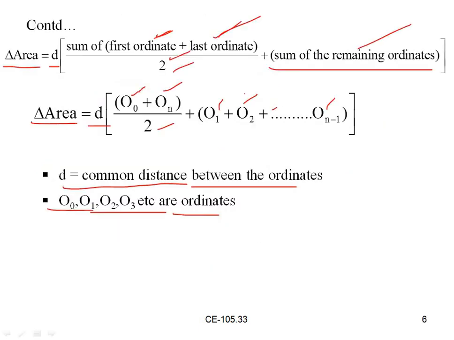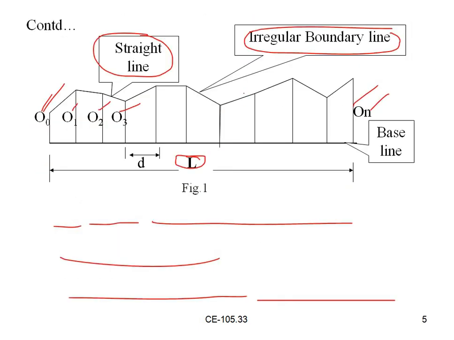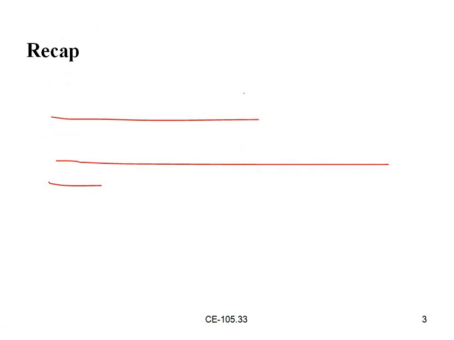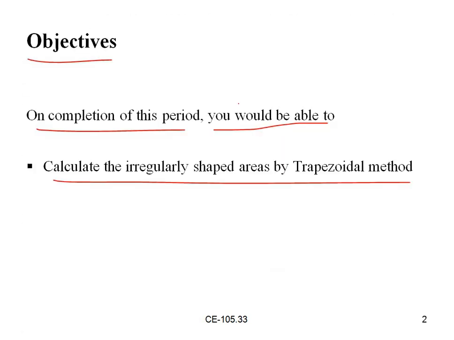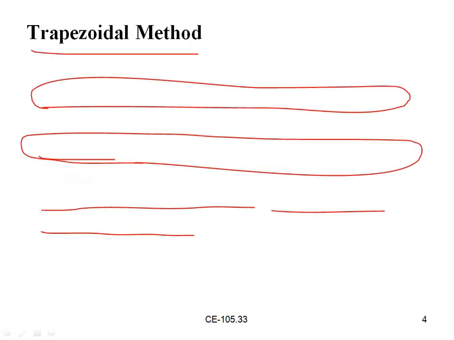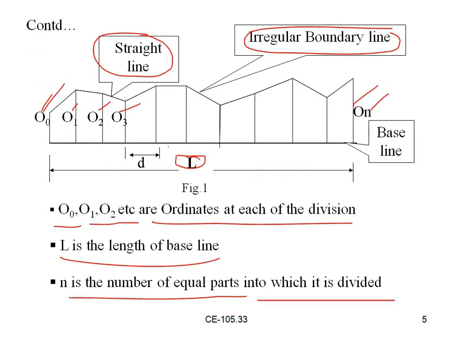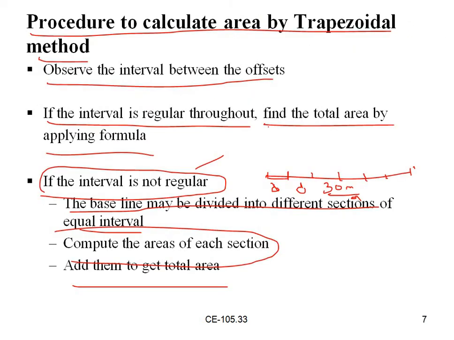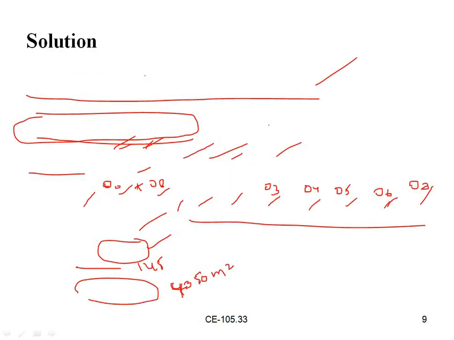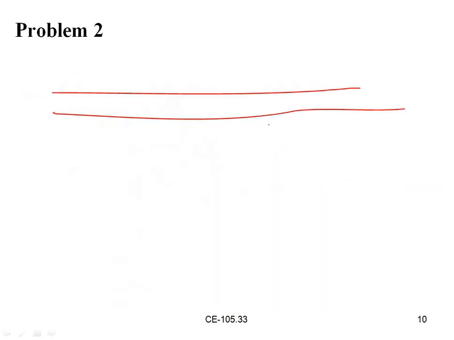That's why these two methods are very important. These are the problems used for land areas. In land, we will be doing this type of method. In the next class, we will see problem number 2, which uses another method with unequal interval.